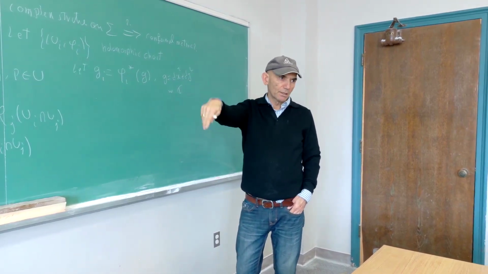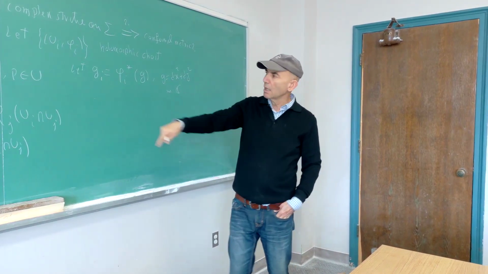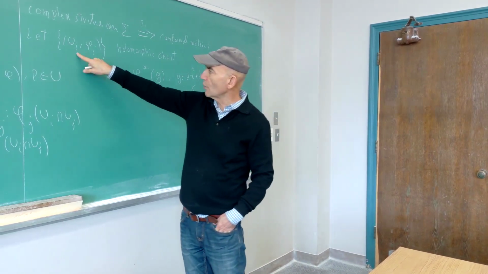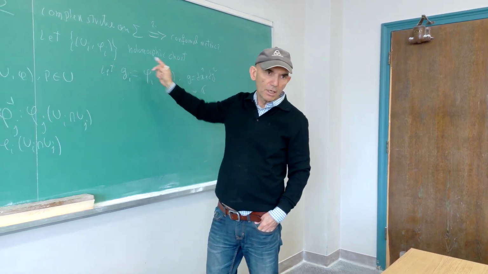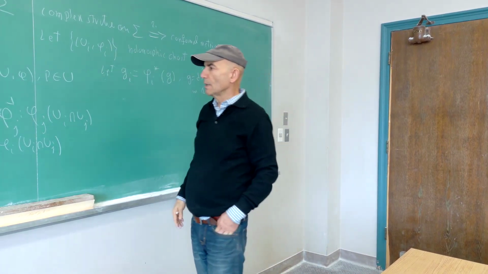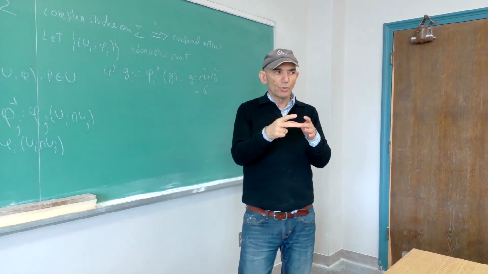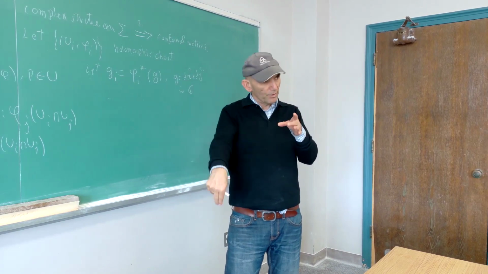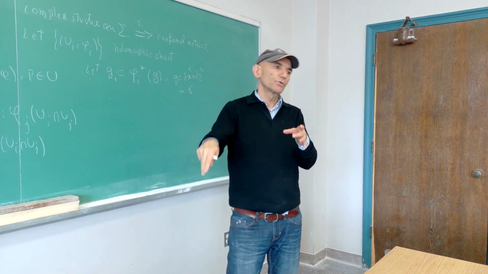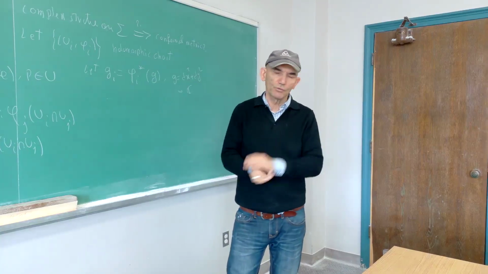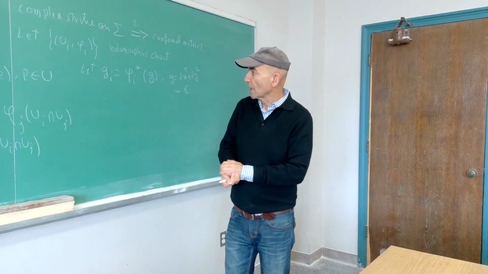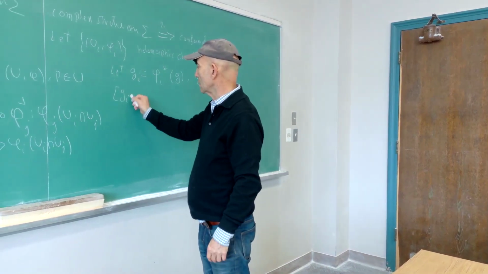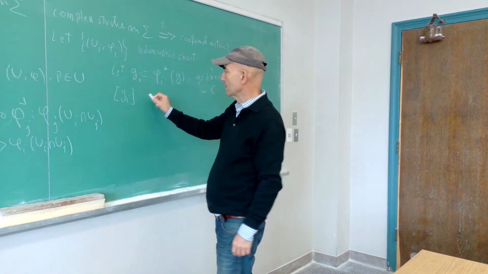I just pull it back, and I get a metric on U_i, because phi_i goes from U_i to phi_i of U_i, which is in C. So basically it means that if you are in this coordinate chart U_i, to measure distances on U_i, you just go to the plane, you measure distances there, and that's your distance. There's a change of coordinate. That's okay. Now, this metric, of course, has a conformal class of g_i.